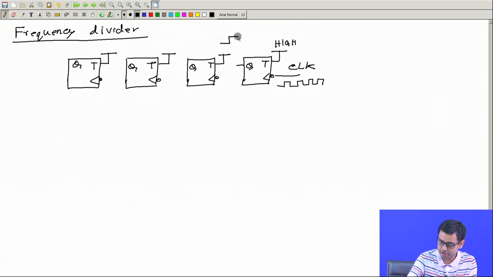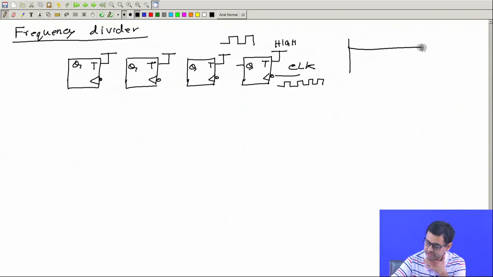Now, let me recall it very briefly. If this is time versus this clock, which is like this.